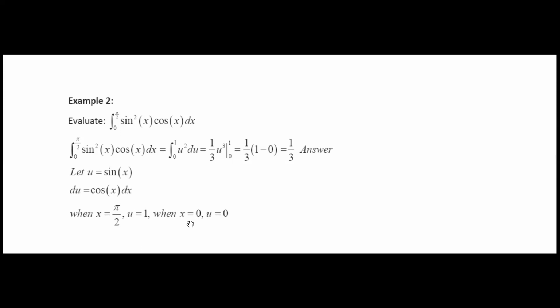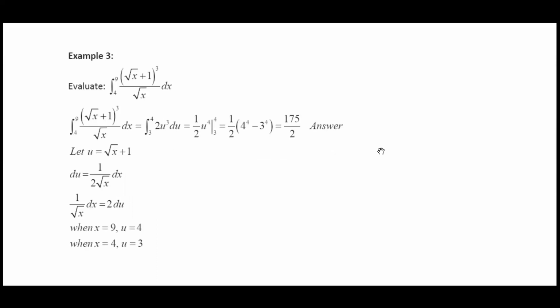And when x is 0, u is the sine of 0, which is 0. So it's 0 to 1, which is, we integrate 1/3 u cubed from 0 to 1, we put in 1, we put in 0, and our answer is 1/3. Once you get the hang of this, this is not bad.